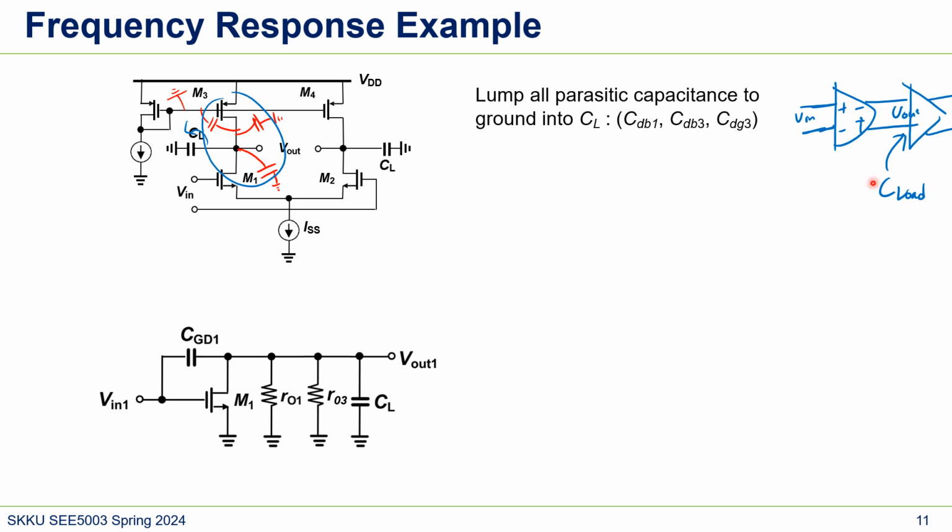So C load means whatever circuit comes after our amplifier. So the capacitance is to ground here, and then we can use a small signal model like this, where RO1 is here, and RO3 is this PMOS, and then we can just calculate. If we have input resistance RS, then we can also consider this RS and solve the small signal model.